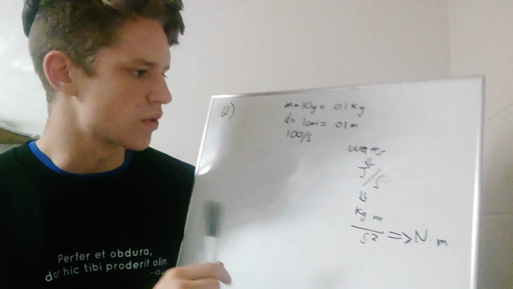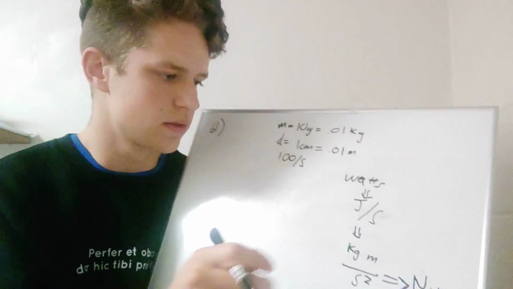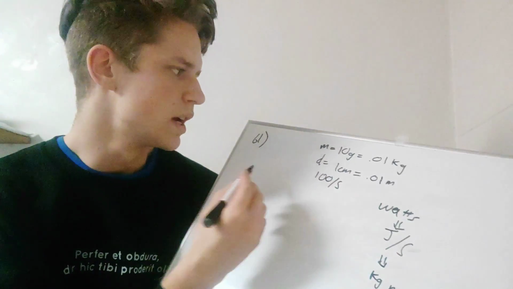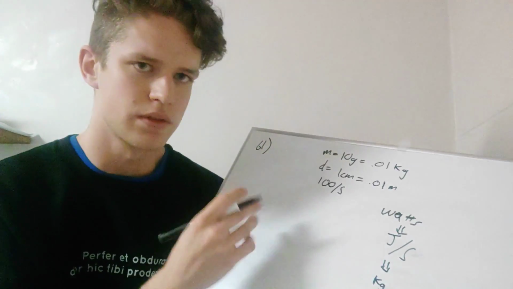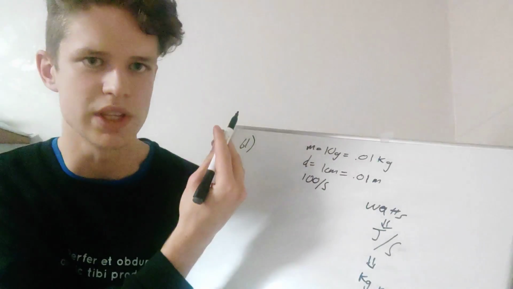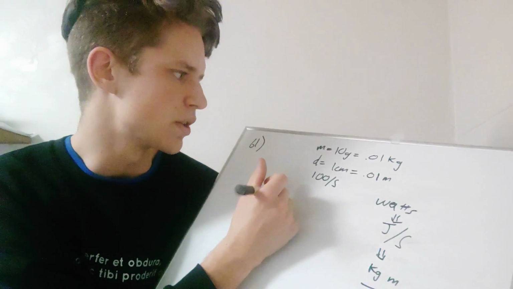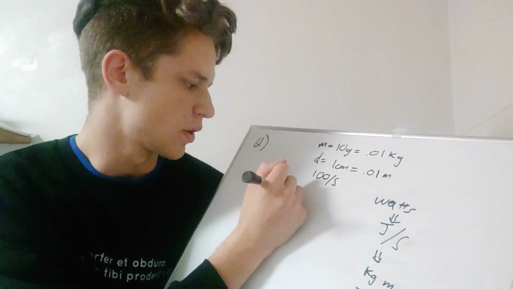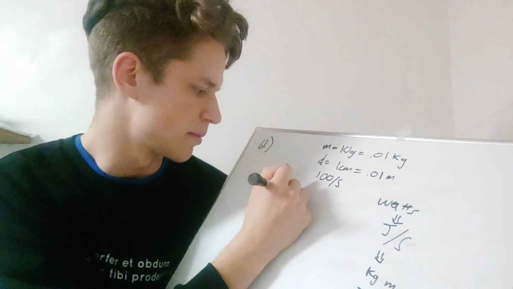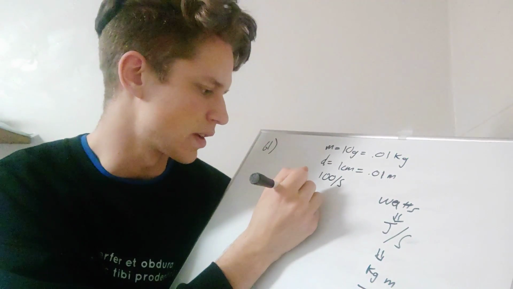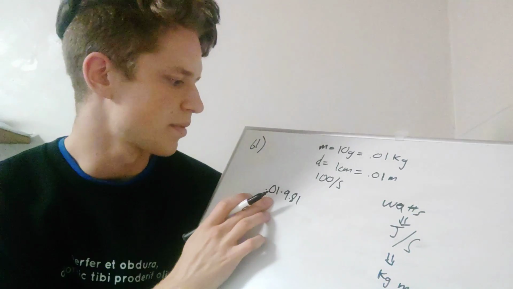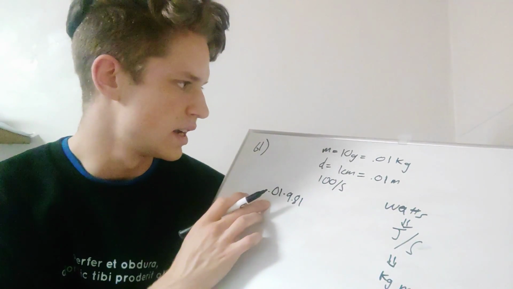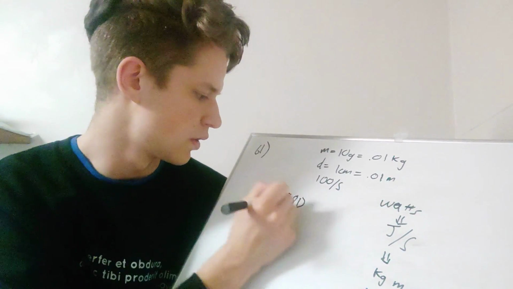Okay, so the first thing we want to do is get newtons because we already have meters. So we know that the downward force from the wings, which is going to actually push the insect upwards, is going to be equal to 2 times its weight. So that's 0.01 times 9.81 for gravity, and then times 2.